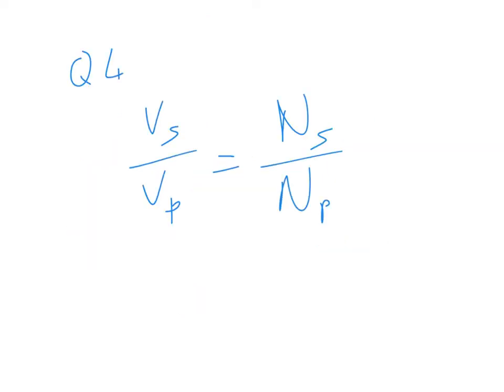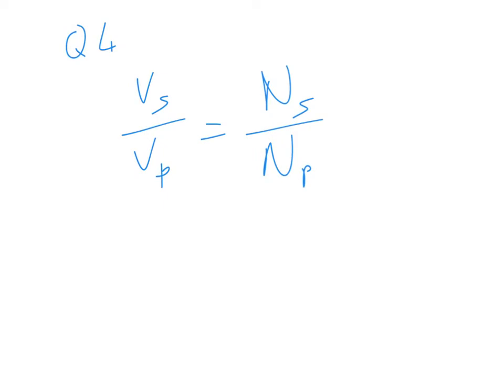For question 4, we are given the number of primary and secondary turns in a coil. We're given the input voltage, so the voltage in the first coil, and we're asked to find the output voltage of a transformer. So we're going to use this formula here. All this formula says is that the ratio between the number of turns in the primary and secondary coil is the same as the ratio of the voltages in the primary and secondary coil.